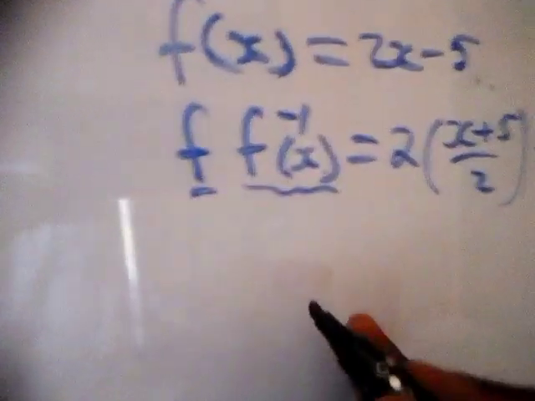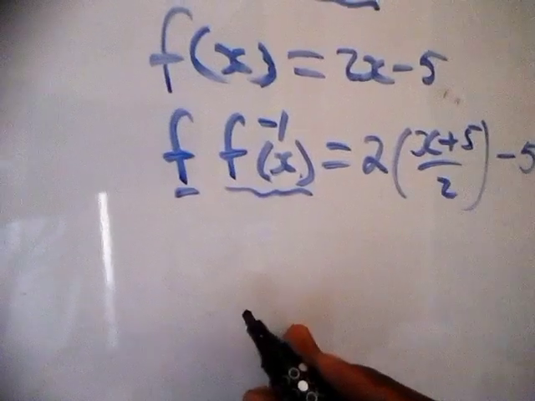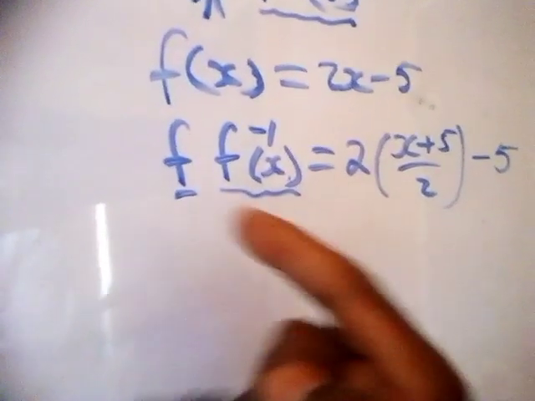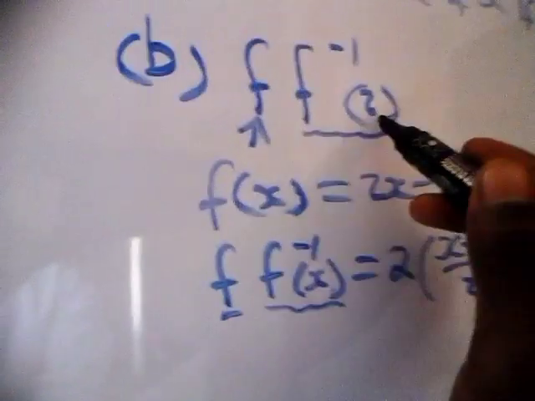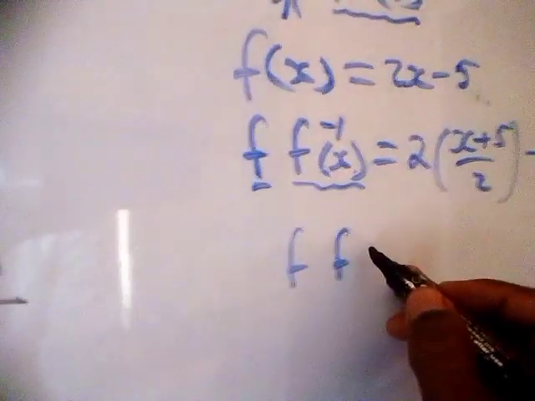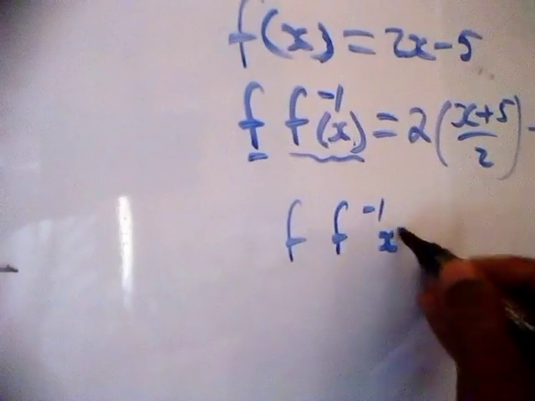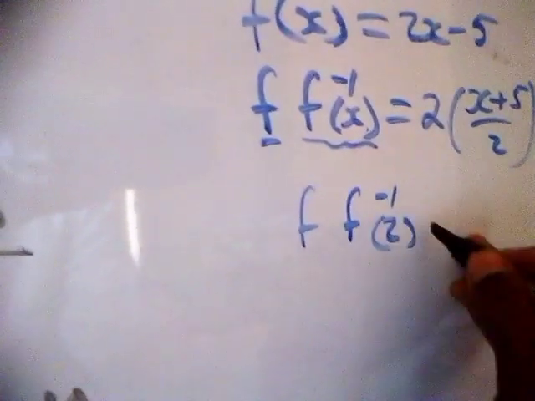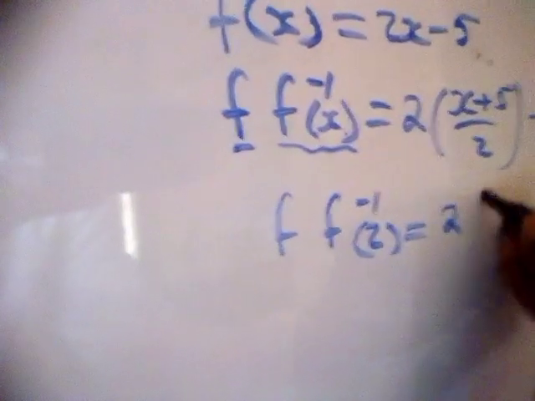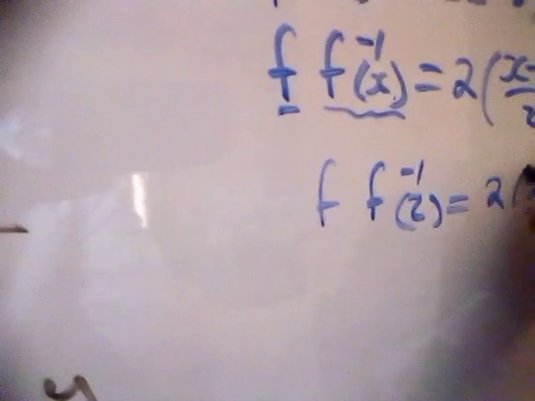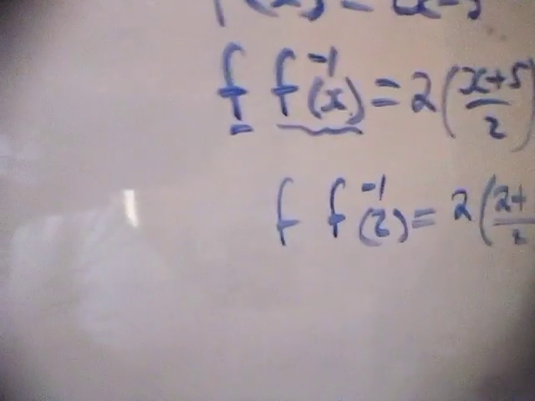Now we actually substitute. Where there is x in this function, we put this 2. So we have 2, open, 2 plus 5 over 2, then minus 5.